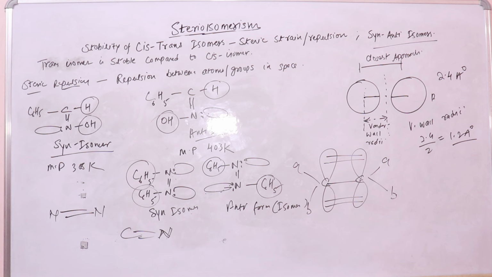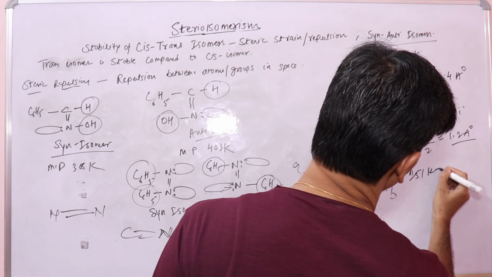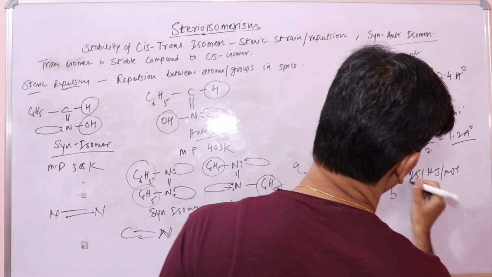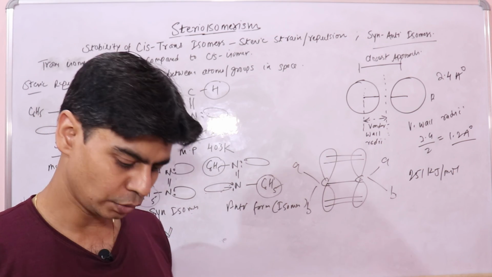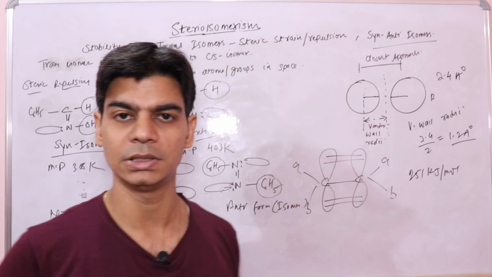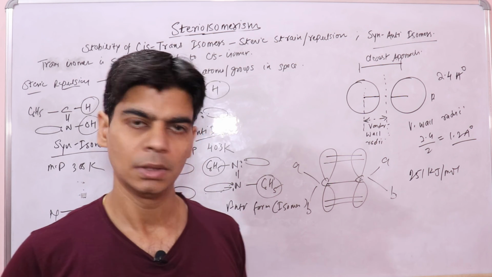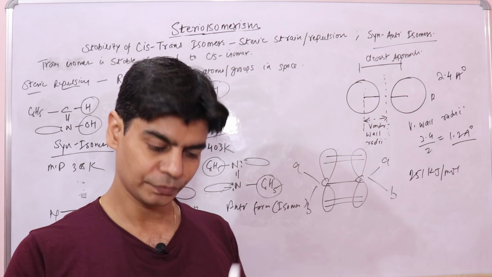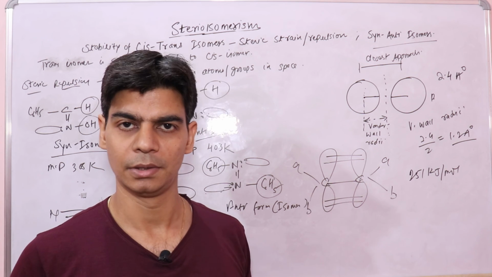The breaking of the pi bond involves absorption of energy, which is 251 kilojoules per mole, right? This much energy you need to give to break this bond. So in order to rotate this bond, you need to have this much energy, and this much energy is not available normally. So that is why the rotation around the carbon-carbon double bond is hindered, right?